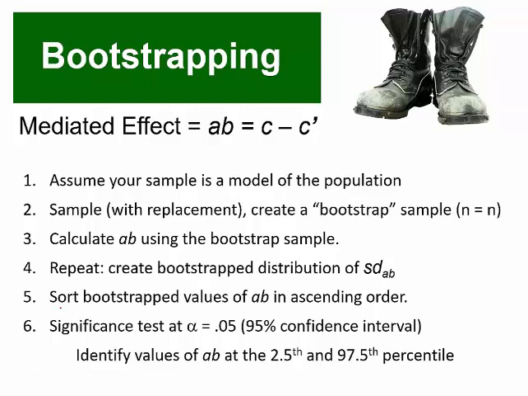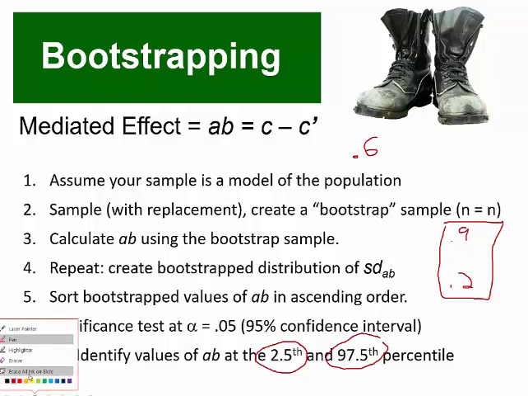If the range excludes 0, so if we calculate a bunch of mediated effects and say in our study we got a mediated effect of 0.6, and we calculate this interval and find that at the 2.5th percentile it's an effect of 0.2, and the 97.5th percentile was 0.9, well, from 0.2 to 0.9 doesn't include 0, so we would say the mediated effect is significant.